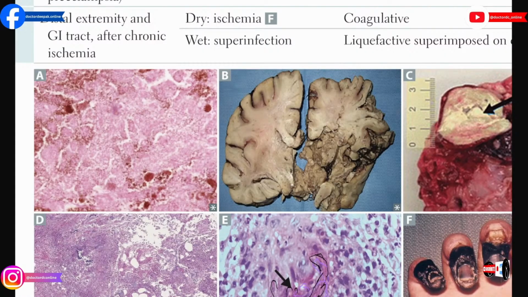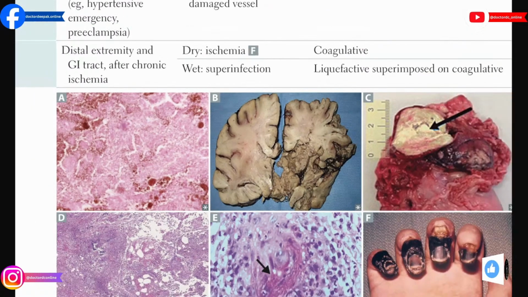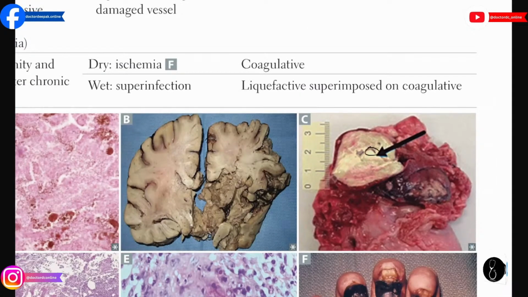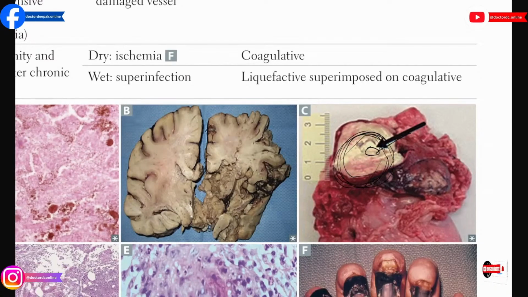Then here you can see fat necrosis. This is an example of fat necrosis. Then after that, you can see the example of caseous necrosis, a white cheese-like material. And here is an example of cystic or cavitatory disease of the brain.